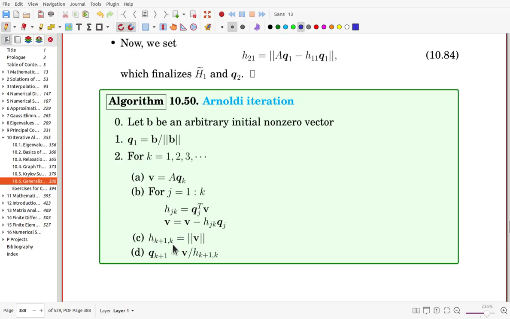And that is H(k+1,k). Now normalize the vector V to get the new column in Q(k+1). That's the Arnoldi iteration.